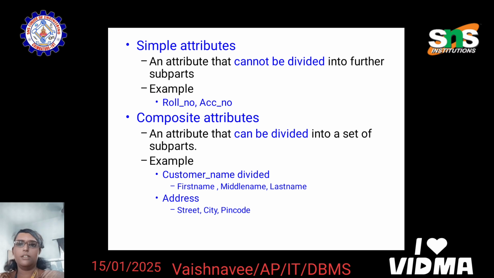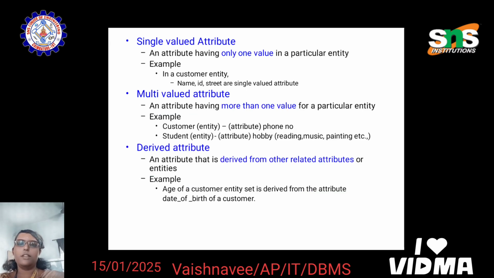For example, roll number and account number cannot be divided into further parts. Whereas customer name can be divided into first name, middle name, and last name, and address can be divided into street, city, and pin code. The attributes that can be divided into a set of subparts are said to be composite attributes.